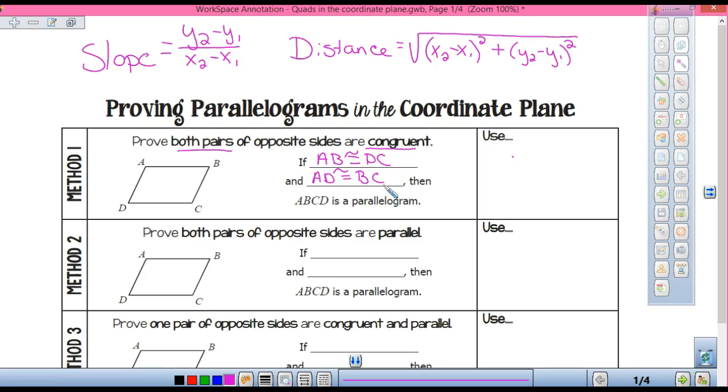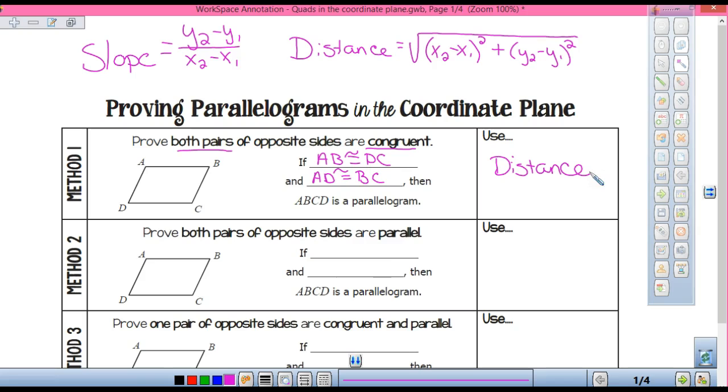To tell if those are congruent, which one of those formulas am I going to have to use? Distance. If we're talking congruence of sides, we're talking the distance between the 2 points, so the distance between AB, the distance between BC.